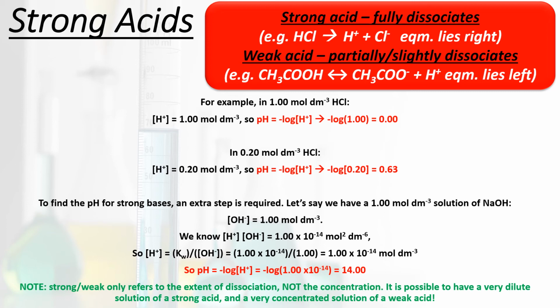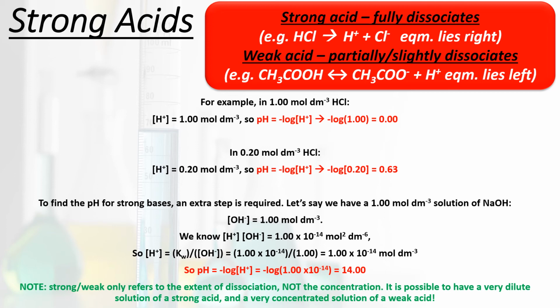And so again, if we want to find the pH for strong bases, we have an extra step required. So if we have a 1 mole per decimeter cubed solution of sodium hydroxide, that means that our OH minus concentration is 1 mole per decimeter cubed. Our OH minus concentration is exactly the same as whatever our base concentration is.